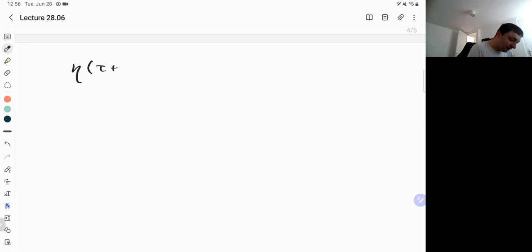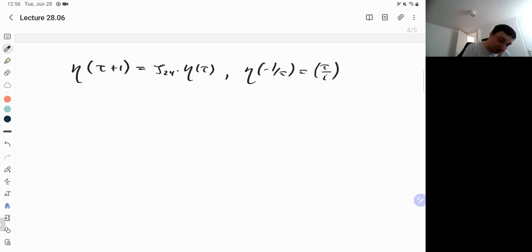It's not periodic because of the q to the power 1/24, but if you translate by 1, you just get a 24th root of unity. And it has a non-trivial transformation under the Möbius transformation taking tau to -1/tau.